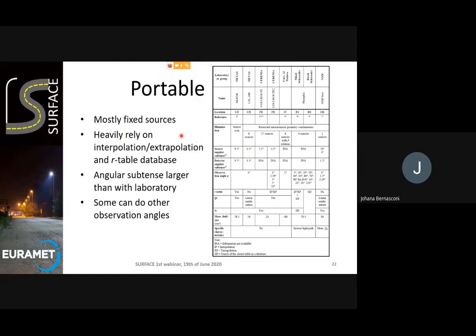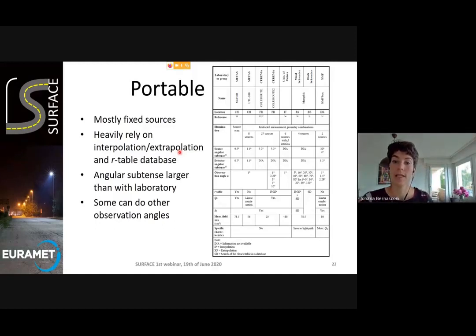As I said already, because of that, they heavily rely on interpolation, extrapolation, and/or database, which shows also the importance of having a good database that is representative of the road. The angular acceptance is larger than with laboratory devices, mainly because the distances between the observation and the source are shorter.